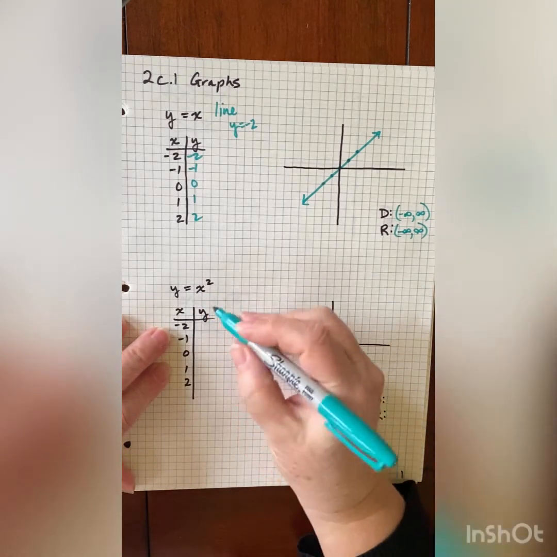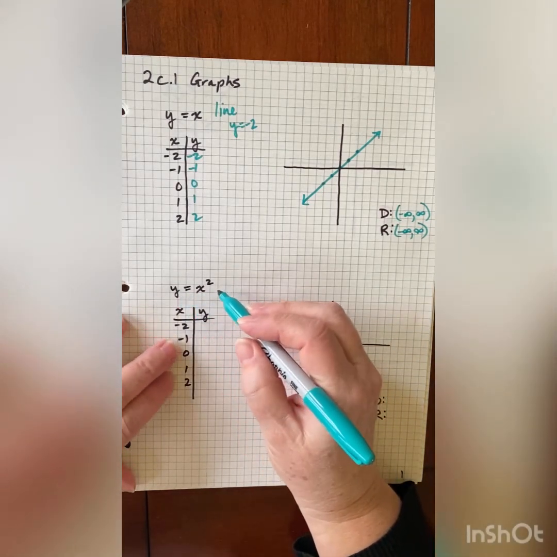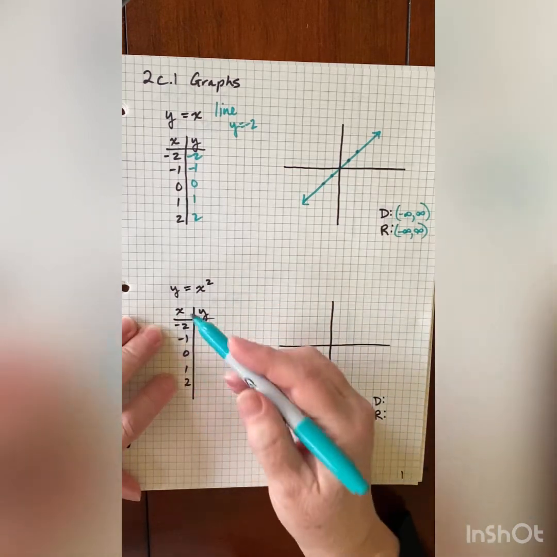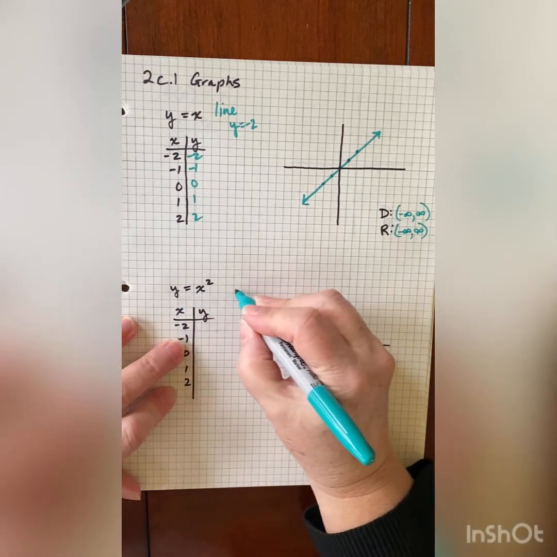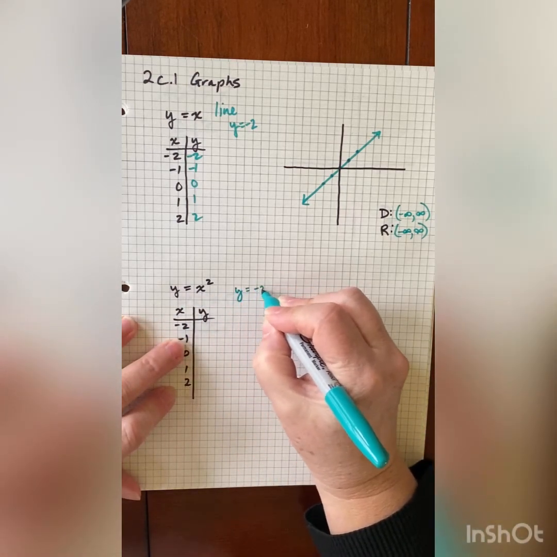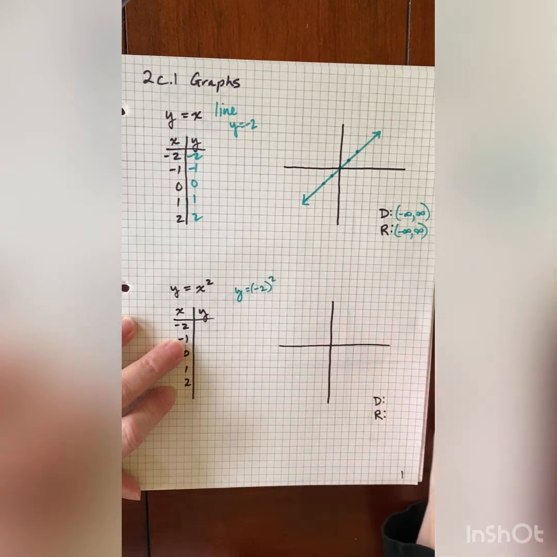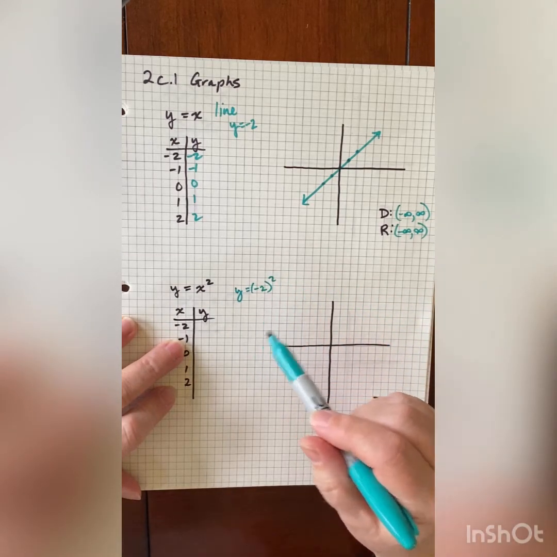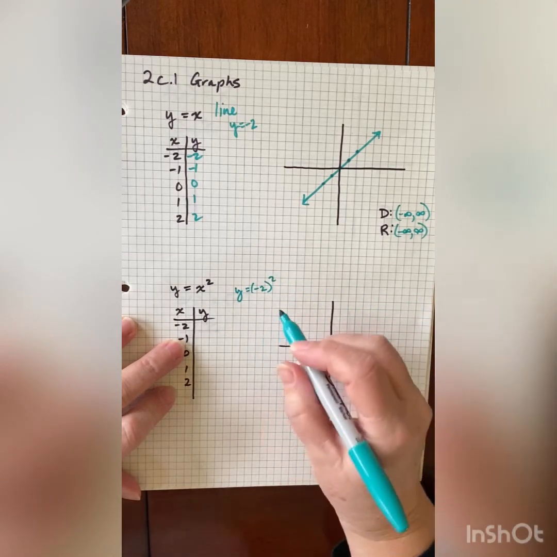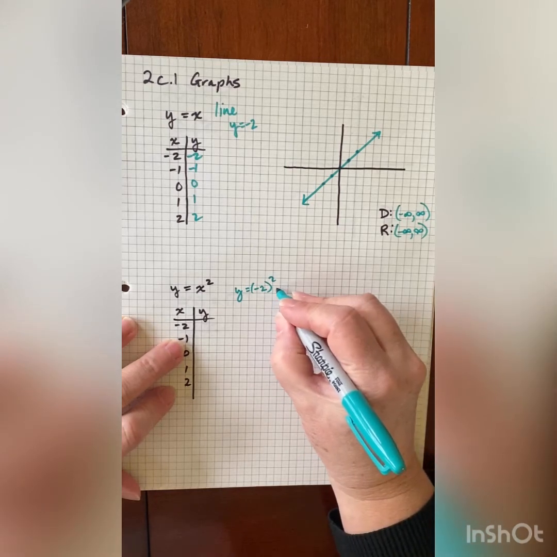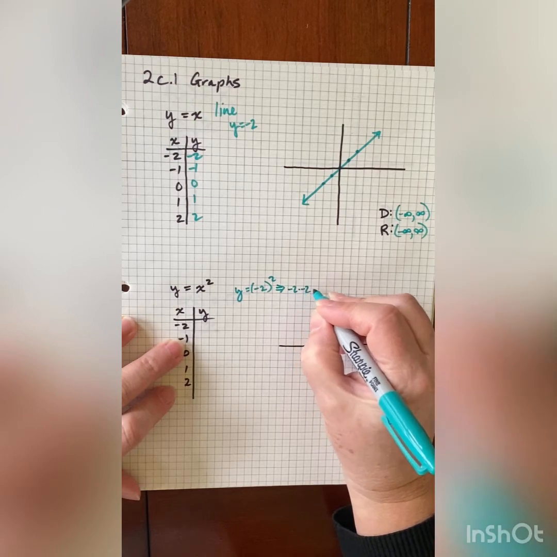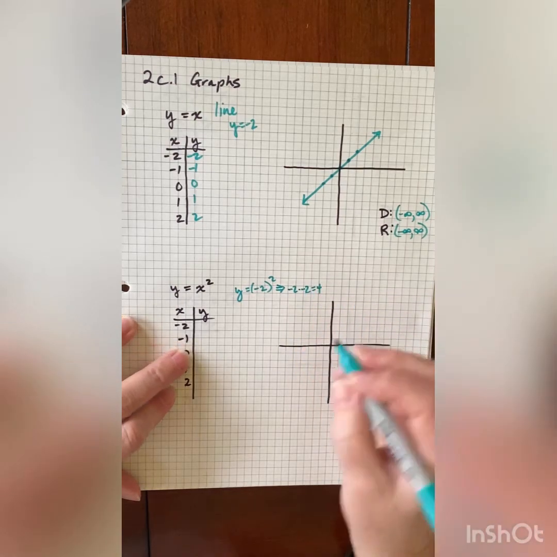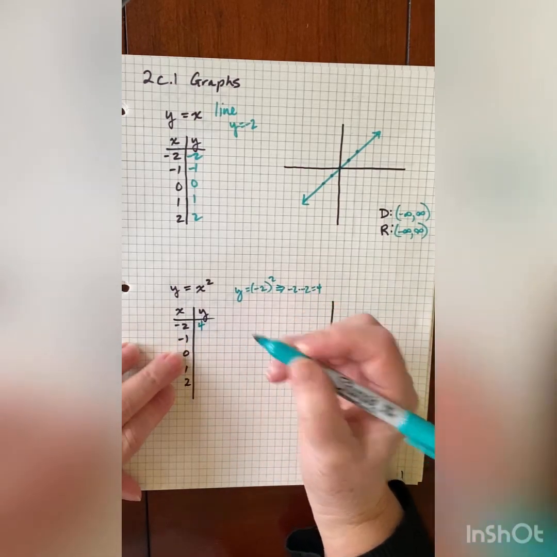So I have y equals x squared. Again, we're going to make an xy table and graph it and look at the domain and range. So this would be y equals -2 squared. And I am squaring all of the -2, not just the 2 part. So if I write that in expanded form, that would be -2 times -2, which gives me +4.